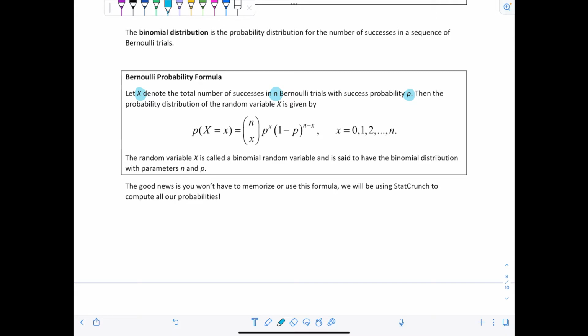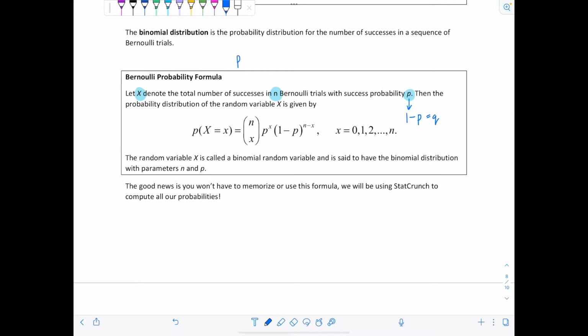Then the probability distribution of the random variable X is given by the following. The probability that random variable X is equal to some specific little x is equal to, now this, if you haven't seen this before, the way you read it out loud is you say n choose x, and then this is lowercase p raised to the x times 1 minus p raised to the n minus x. Oftentimes we'll refer to 1 minus p as q.